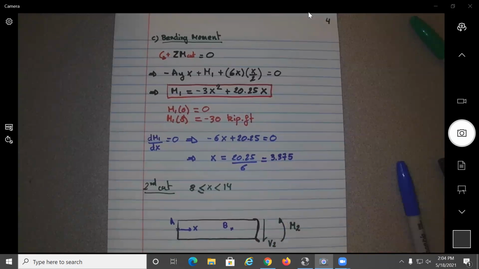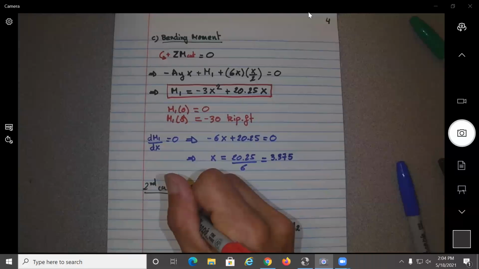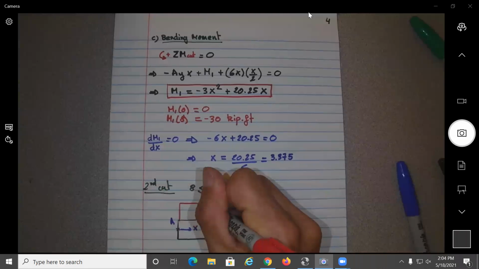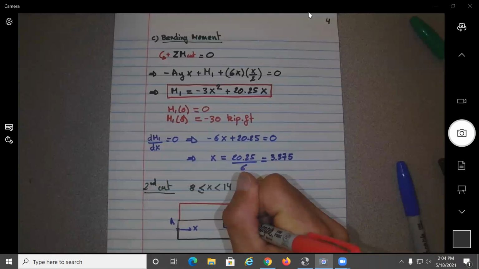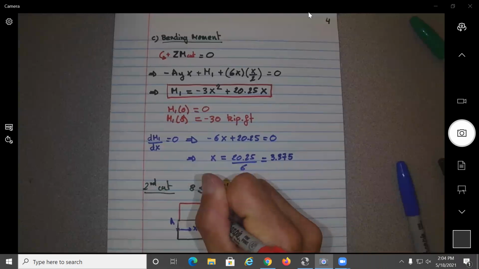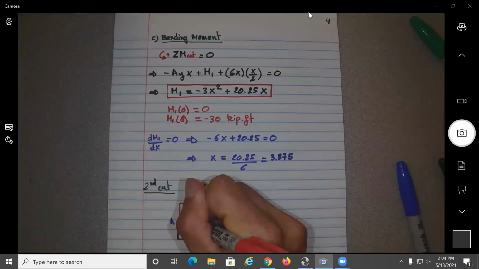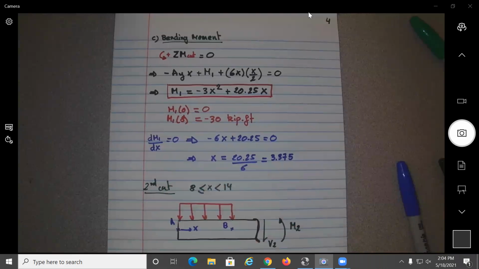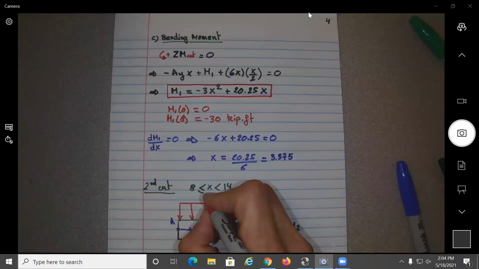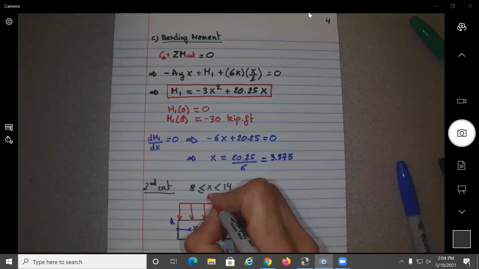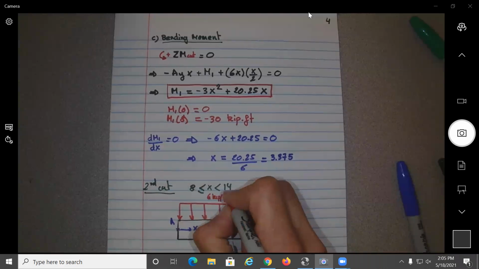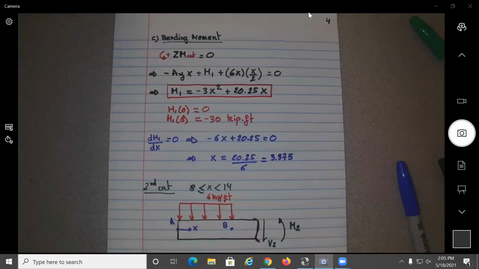Okay. So what do we have over here? Here we have the distributed load, because you need to take that in good consideration. What is the value of that one? It is 6 kip per foot. Now we knew AX is 0.